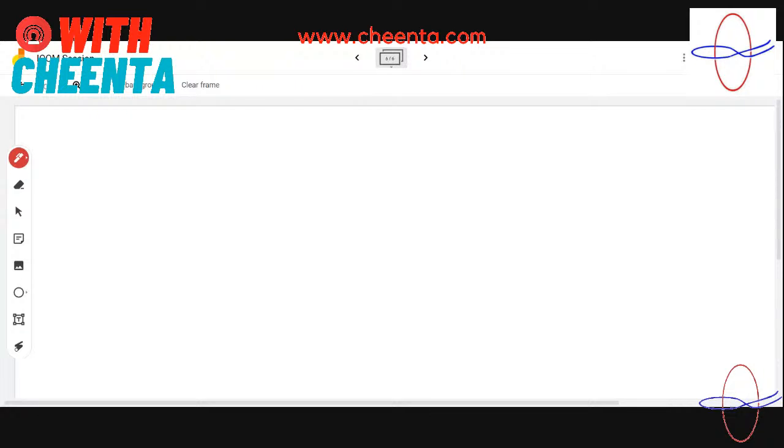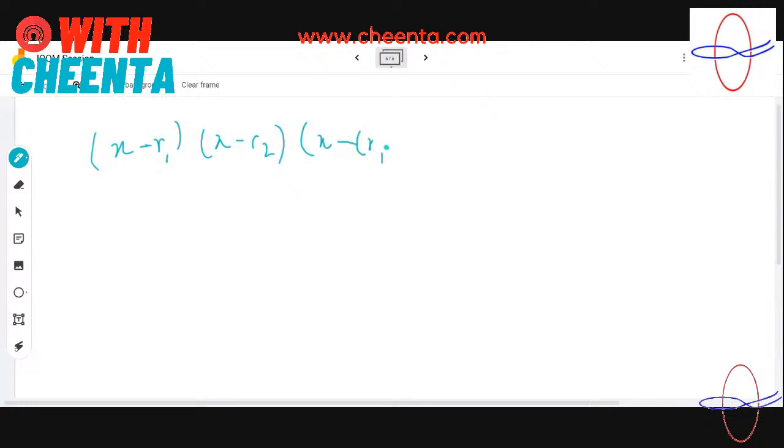So I think we need to do a little bit more, okay? Let's try to do it from the basics again. So x minus r1 is a root, x minus r2 is a root, and the other root is x minus (r1 plus r2), right? So let's expand this, guys.